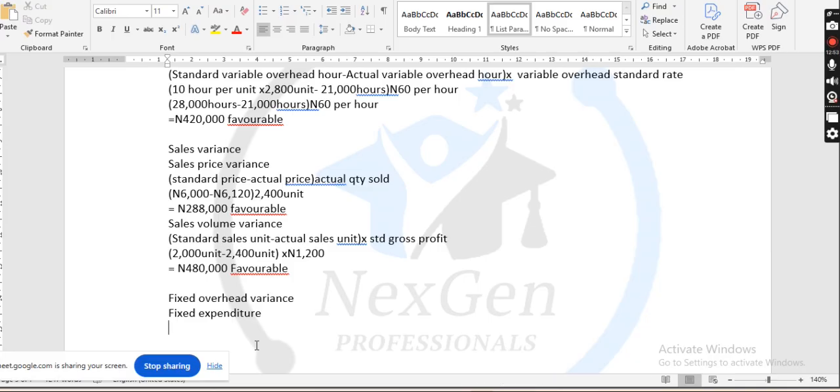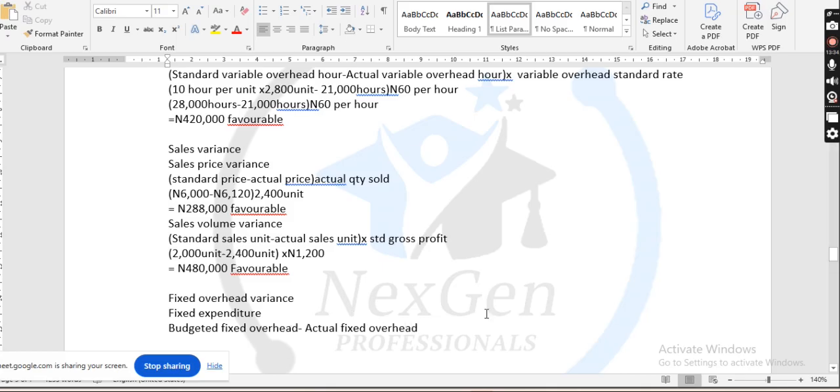In the fixed expenditure variance, we can have budgeted fixed overhead minus the actual fixed overhead.